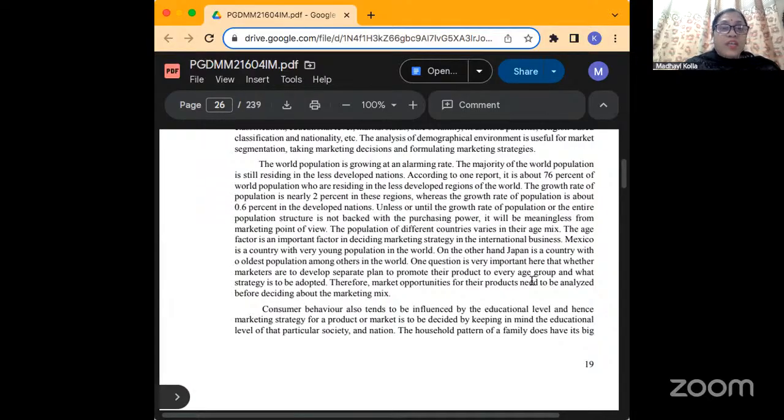So, our segmentation of the product and the kind of positioning we make is based on these demographic factors.